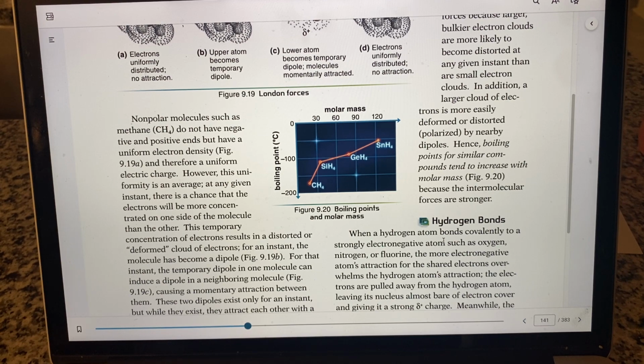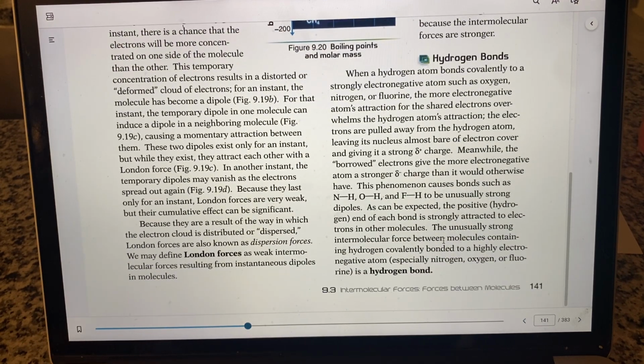So let's go on to hydrogen bonds. Hydrogen bond is a very, very strong force. Hydrogen bonds involve a strongly electronegative atom, especially oxygen, but also nitrogen and fluorine. Those three basically have a very, very high intermolecular force.